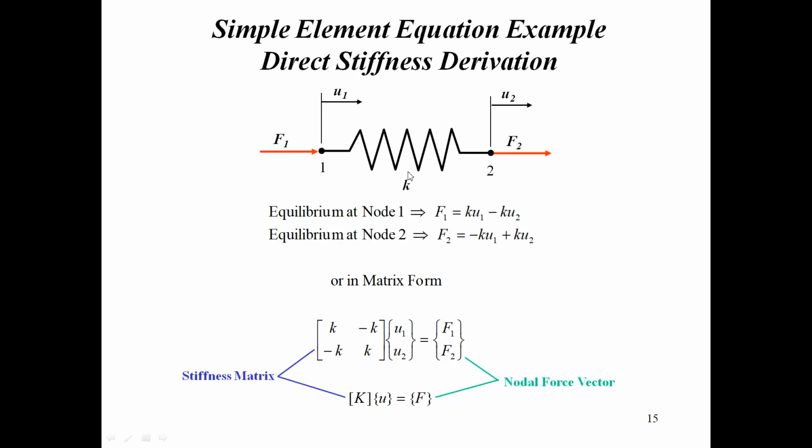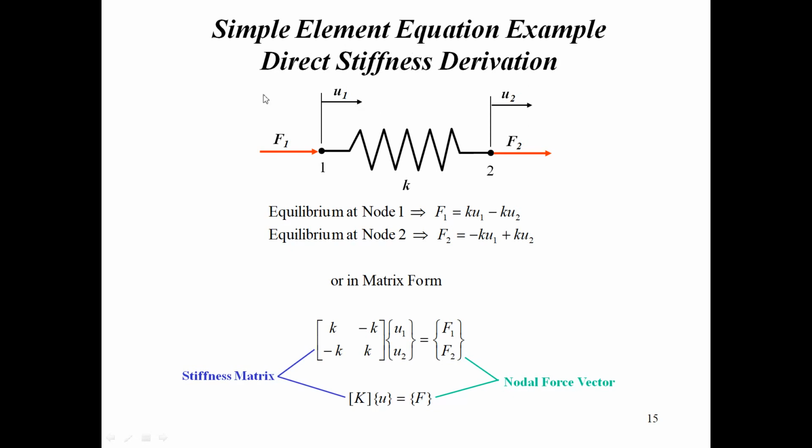So here the spring is nothing but the element, and its stiffness value is indicated as K, having two endpoints called node 1 and 2. Force F1 is applied at node 1 and force F2 is applied at node 2, and we will get the displacement U1 at node 1 and U2 at node 2.